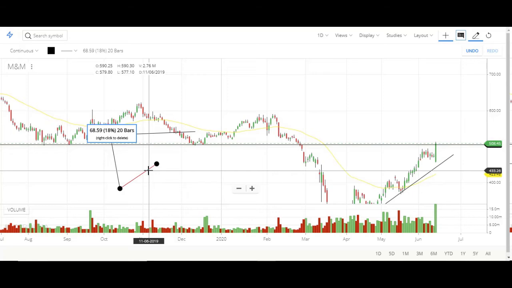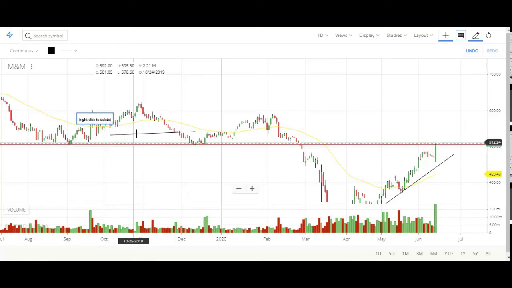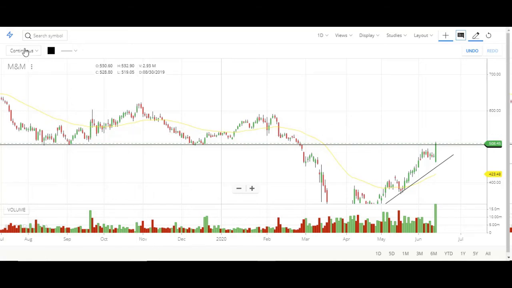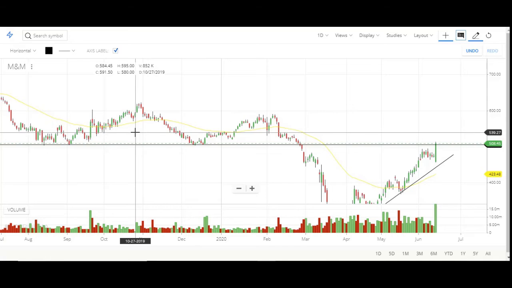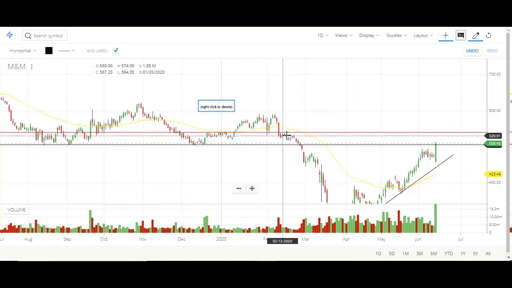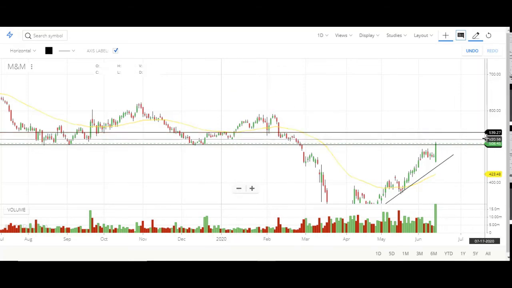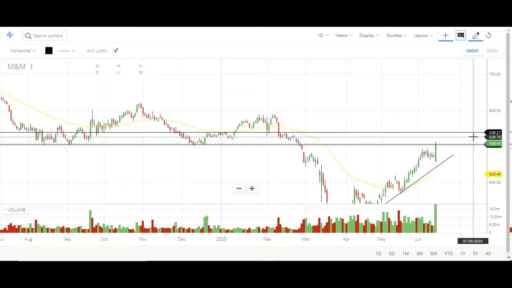This level will act as a resistance for this current month. I'll draw a resistance line here. This will act as the immediate resistance for M&M, which is nearby the 539 level. Based on this strategy, the M&M stock will move towards 539 for this current month, and it is in bullish mode.